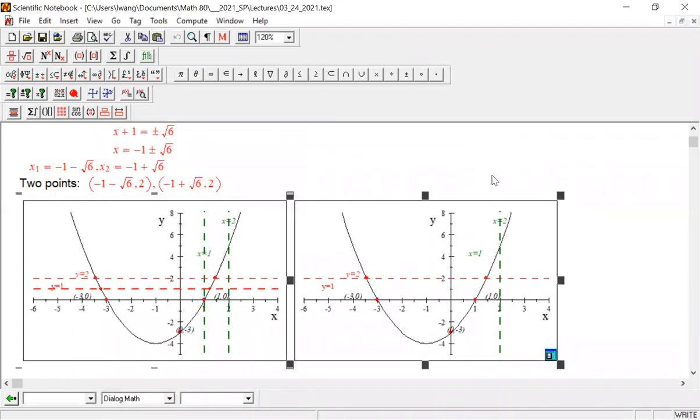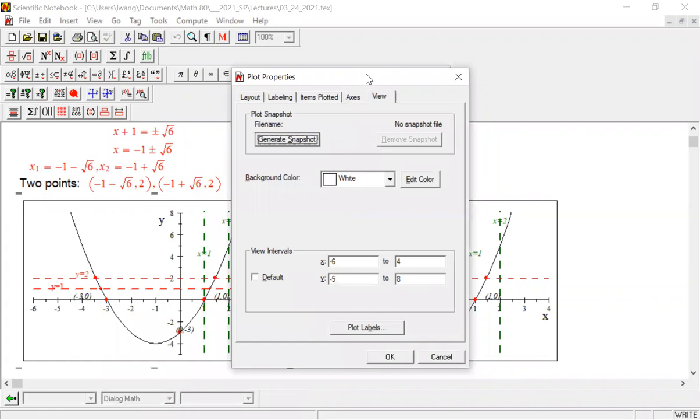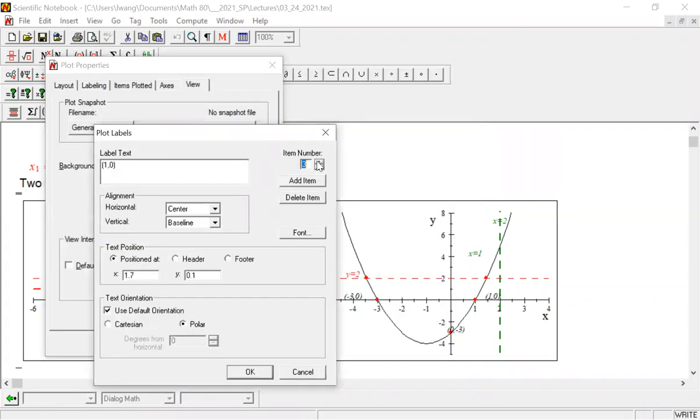This is a cleaner one. Okay, one more delete. x equals 1, delete it. y equals 1, delete it.